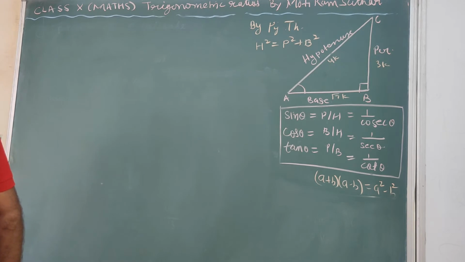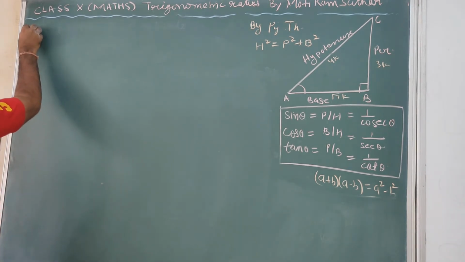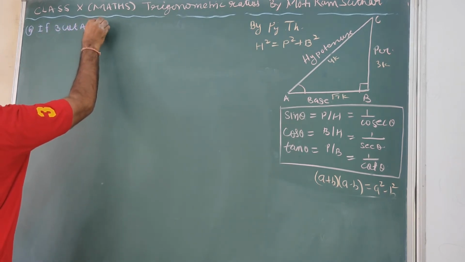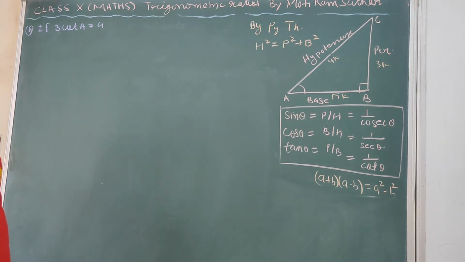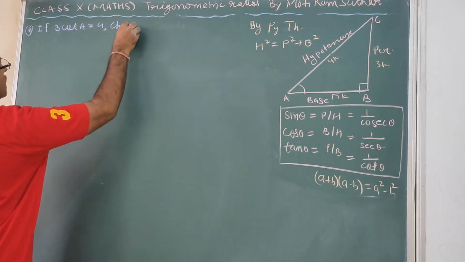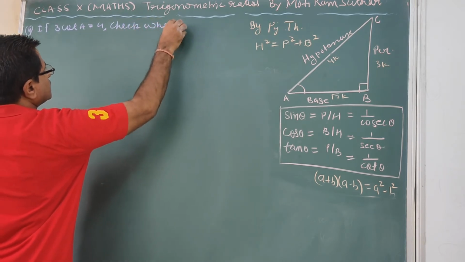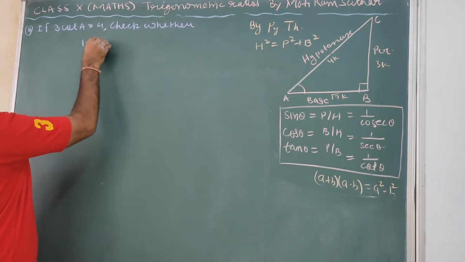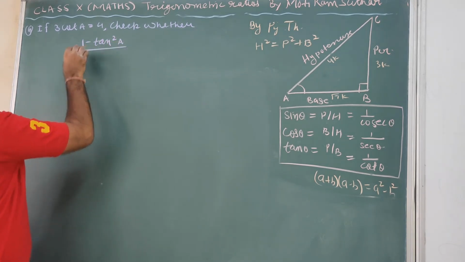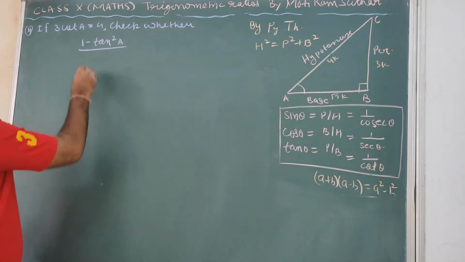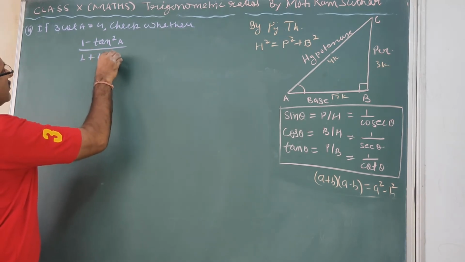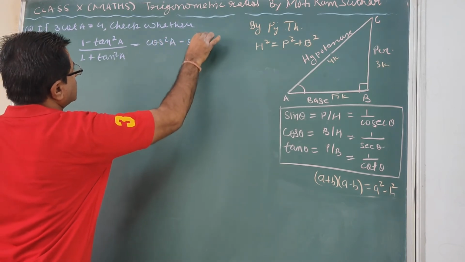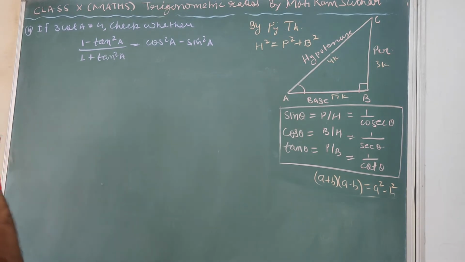That says, if 3 cot A is equal to 4, check whether (1 minus tan square A) upon (1 plus tan square A) is equal to cos square A minus sin square A or not.